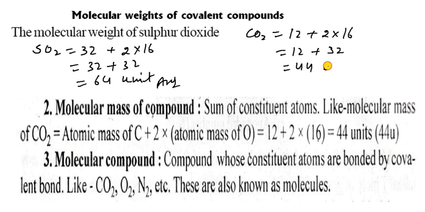So you can write here units, or you can say only U. It is unit. Now molecular compound: compounds whose constituent atoms are bonded by covalent bonds, like carbon dioxide, oxygen, nitrogen, etc. These are also known as molecules.